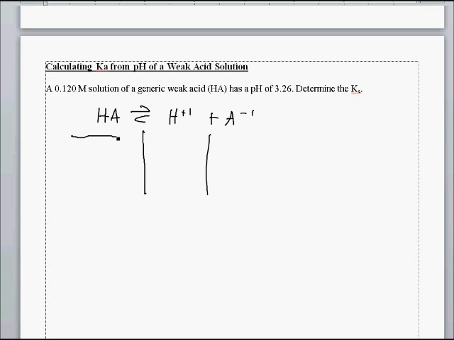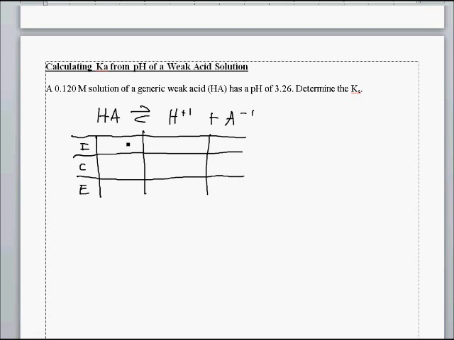We're going to start again the same way just to visualize how the problem works. So we have an initial, a change, and an equilibrium amount. This starts as 0.12 molar, 0 and 0. X of this dissociates, giving X of this and that. And then it's 0.12 minus X, X, and X.